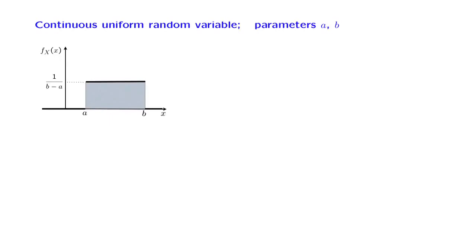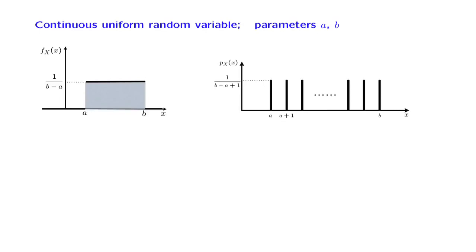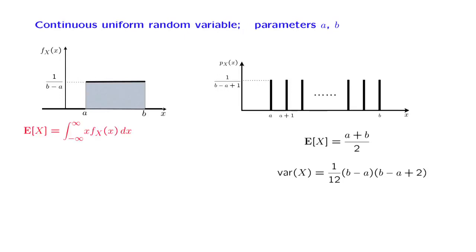As an example of a mean and variance calculation, we will now consider the continuous uniform random variable, which we have introduced a little earlier. This is the continuous analog of the discrete uniform, for which we have already seen formulas for the corresponding mean and variance. So let us now calculate the mean or expected value for the continuous case. The mean is defined as an integral that ranges over the entire real line.